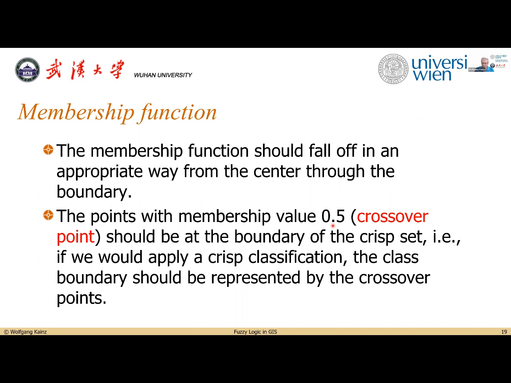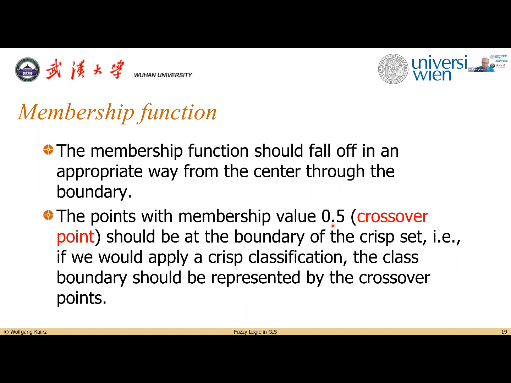We say the boundary between average and tall is 185. So the crossover point of our membership function for tall should be at 185, meaning if someone has a height of 185, the membership degree would be 0.5.